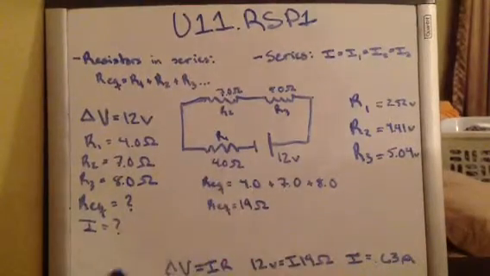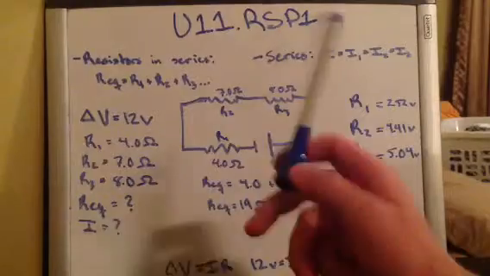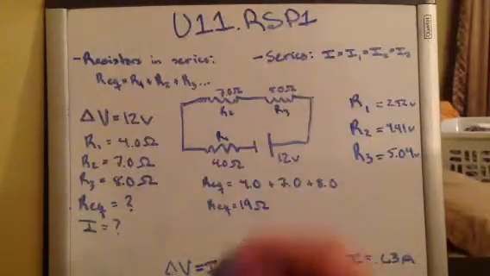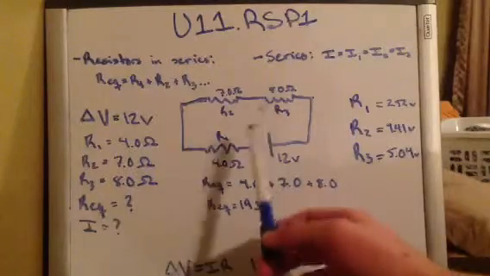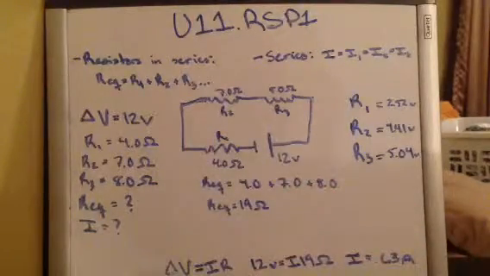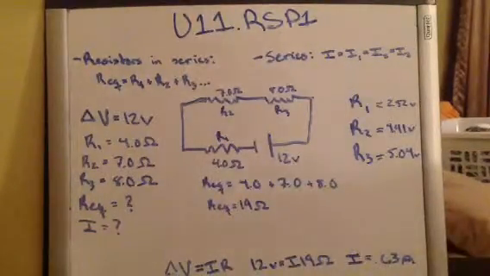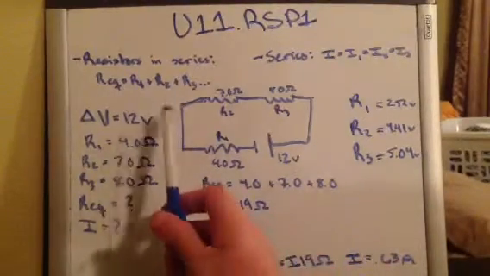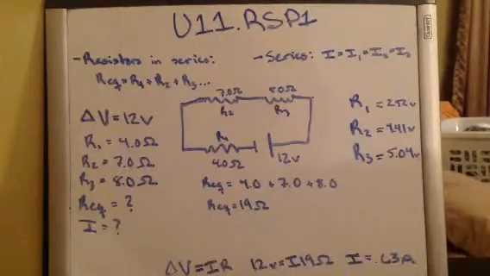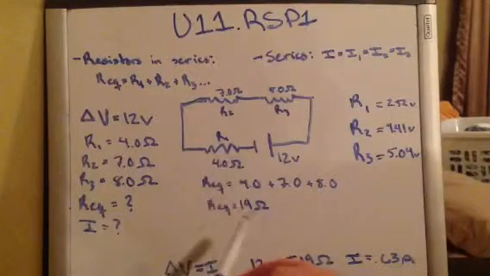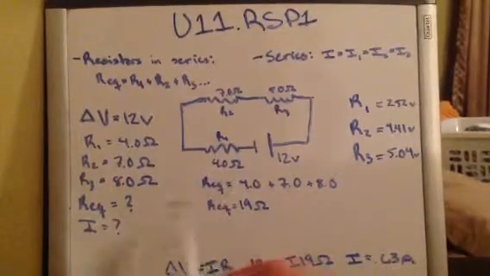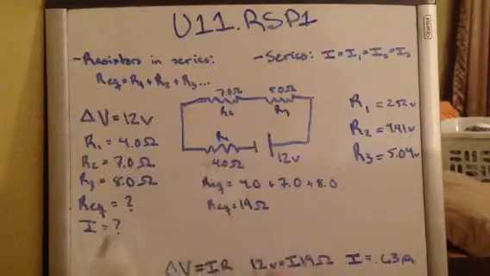Now that we have that, we can find the current throughout the entire circuit, which will be the current in each individual resistor. So we take the potential difference, which is 12 volts, and set it equal to the current times the equivalent resistance, which we know is 19 ohms.